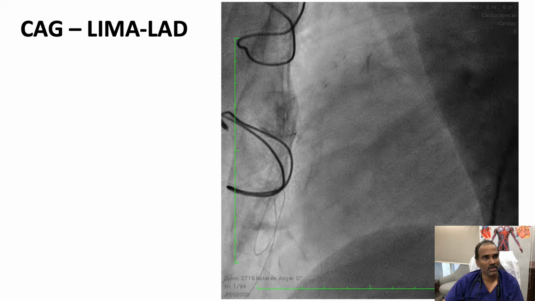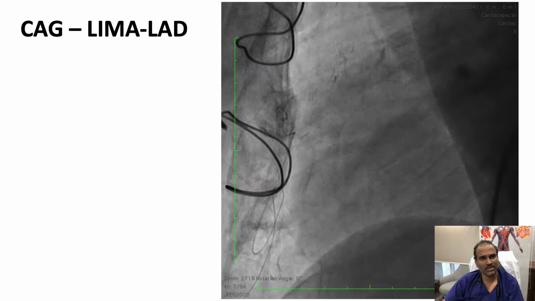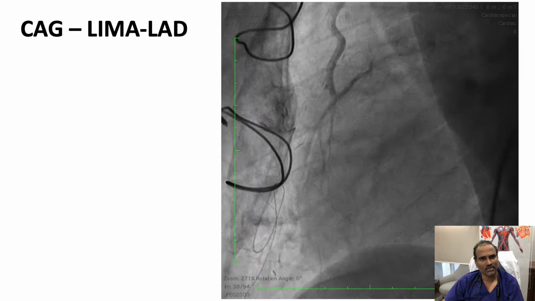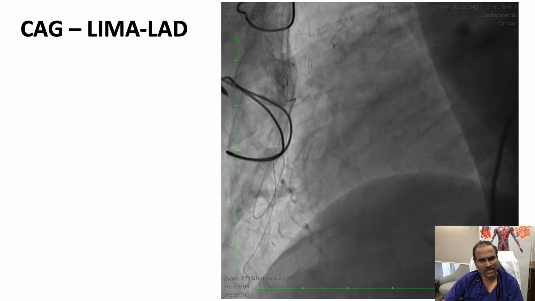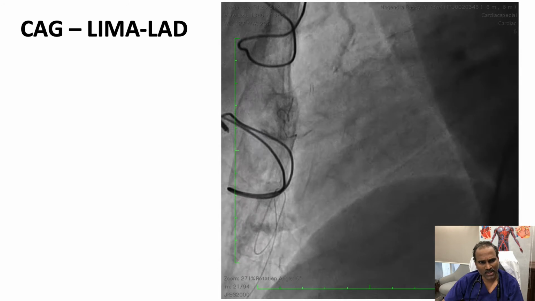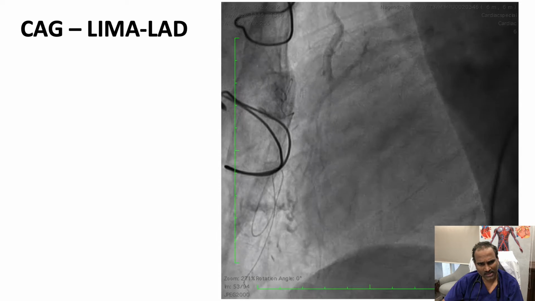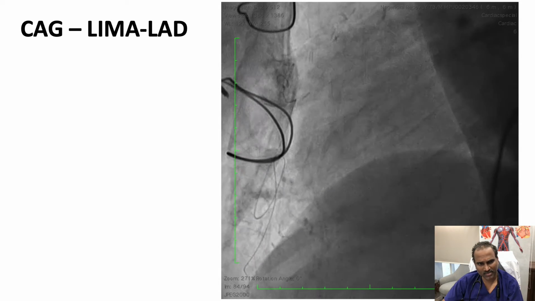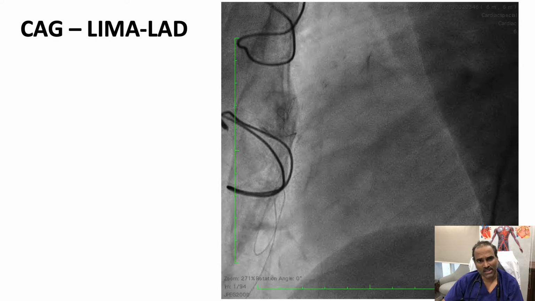Coming to LIMA to LAD, this is LIMA to LAD in lateral view, which is showing good filling into LAD, and also there are a couple of septals which are filling the right coronary artery, that's PDA. Here you can see this is the septal which is filling PDA, but the ostial LAD is totally occluded and it's only filling from LIMA to LAD.